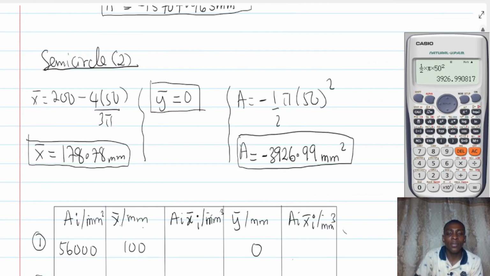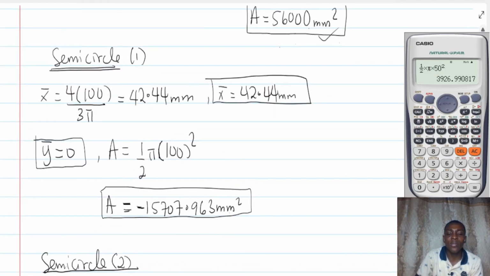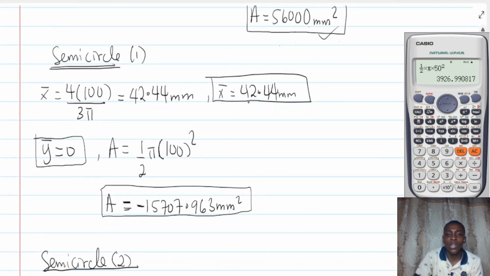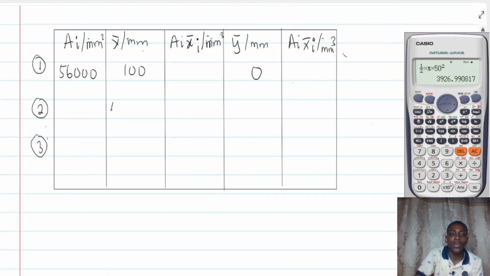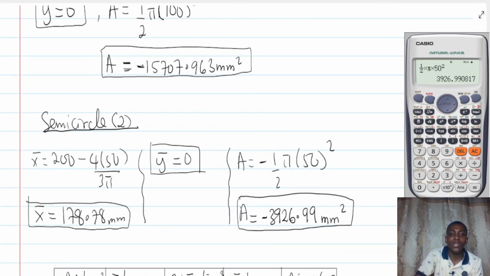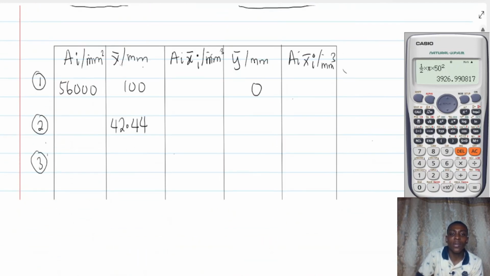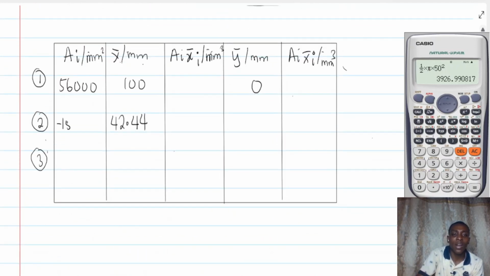Now, the second area, which was the first semicircle, the x bar is what? 42.44. But what is the area? Minus 15707.963.